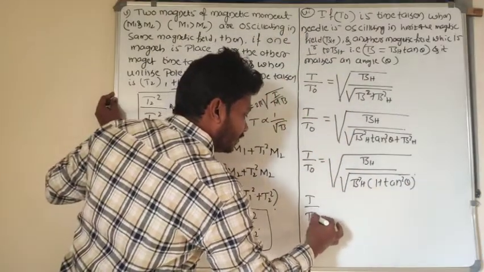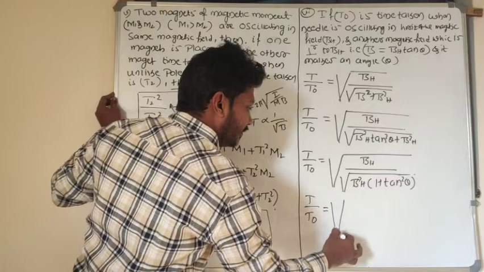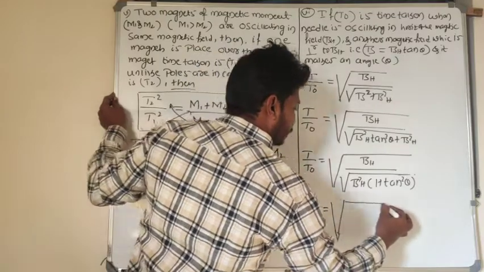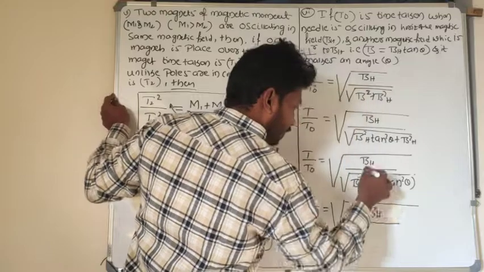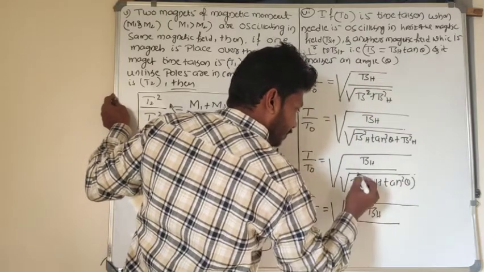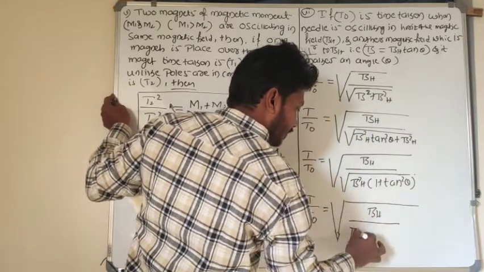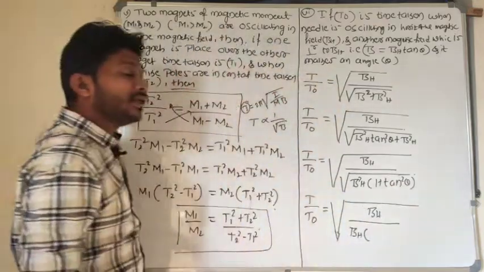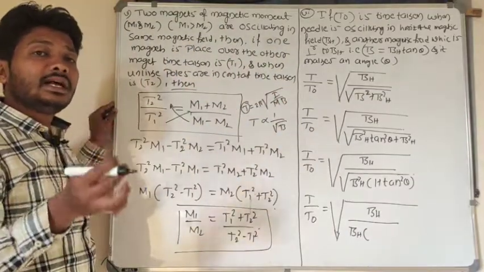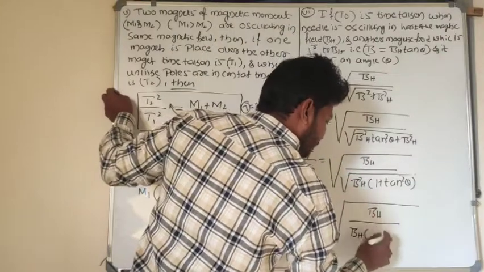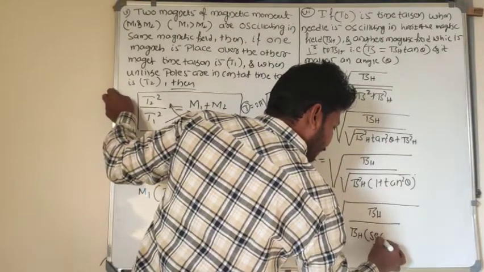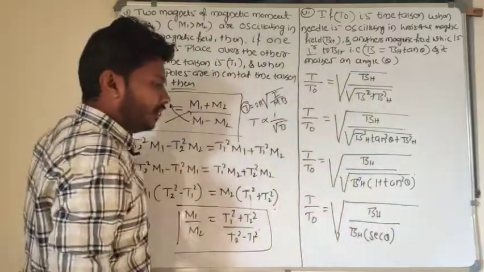T by T naught, which is equal to B of H divided by, if I take out that square root, B square of H means square root, if you remove B of H, 1 plus tan square theta, so that is sec square theta. So if it is square root, I can consider sec theta, right?